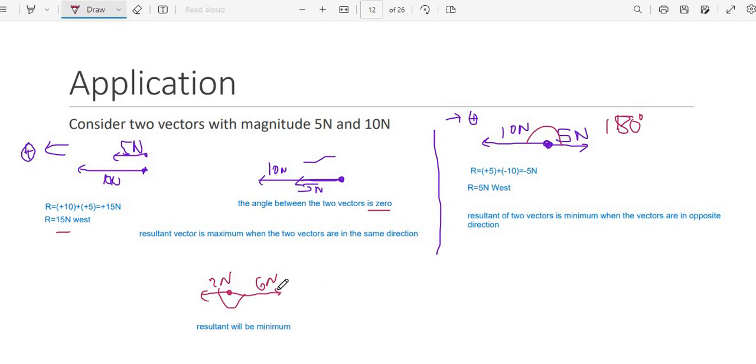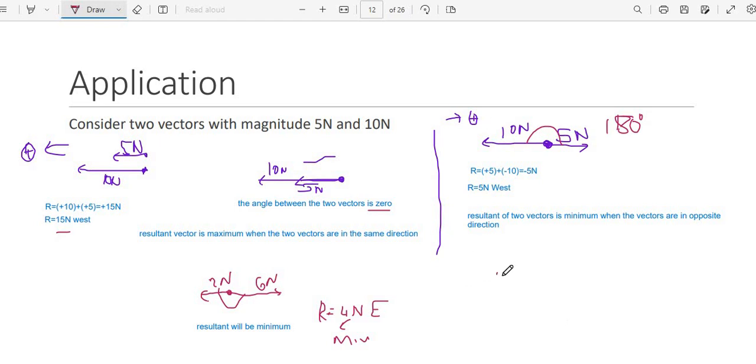If we try to calculate, you can try this on a rough piece of paper, you'll find that the resultant is going to be 4 Newtons east, which is actually the minimum that the 2 Newton and the 6 Newton could have.